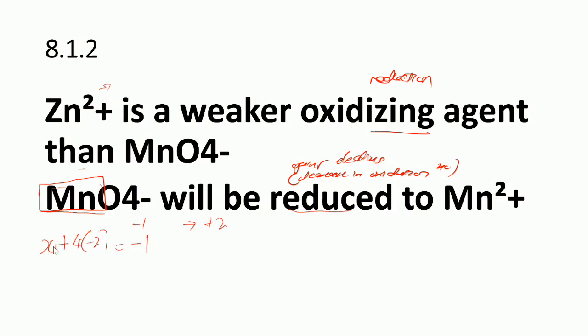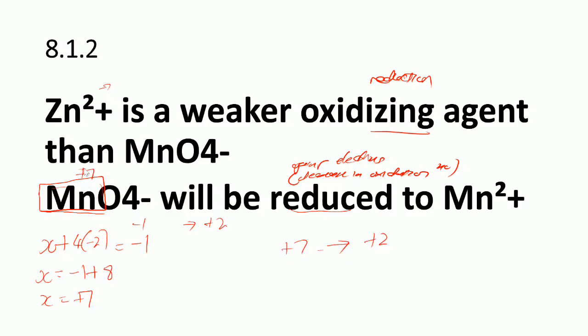But now what are we looking for? We are looking for the oxidation number of the manganese. So X is equal to -1 plus 8, and then X is equal to +7, right? Now that we have the oxidation number of manganese, we can clearly see that manganese was reduced to Mn2+, because from +7 all the way to +2, that's a decrease in oxidation number.